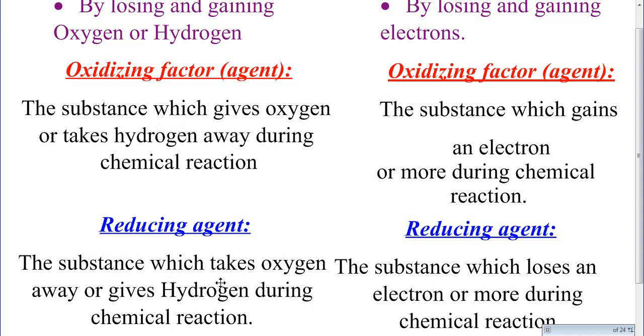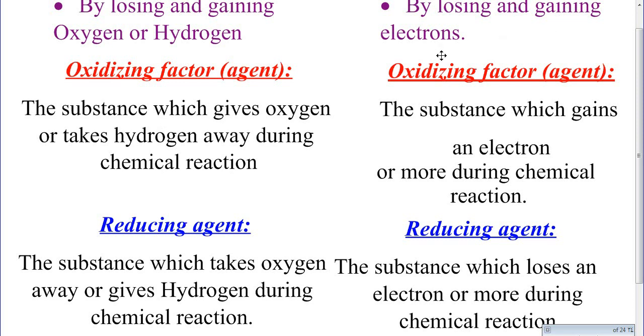Because it takes oxygen. So the element or agent which makes reduction is the oxidizing agent, and the element or agent which makes oxidation is the reducing agent.